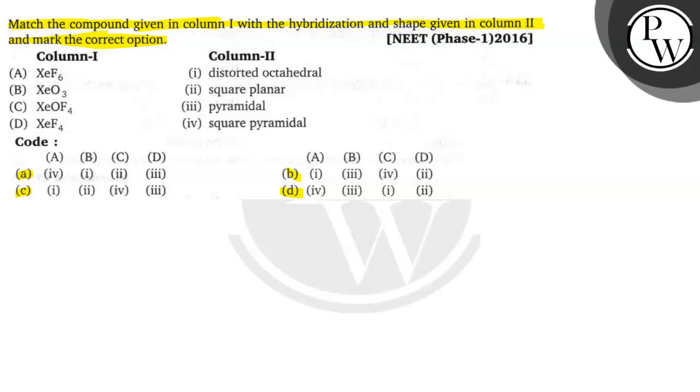सो XeF6 का फर्स्ट स्ट्रक्चर देखेंगे. The first one is XeF6. This XeF6 xenon, in orbital picturization we will write to understand in a better way.